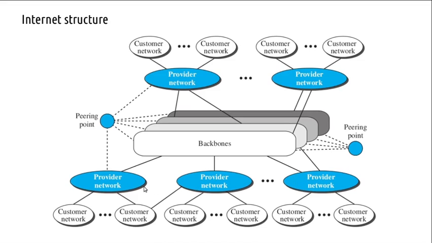That is a peering point at the local level, where you can exchange domestic traffic. At the higher level you have peering points.